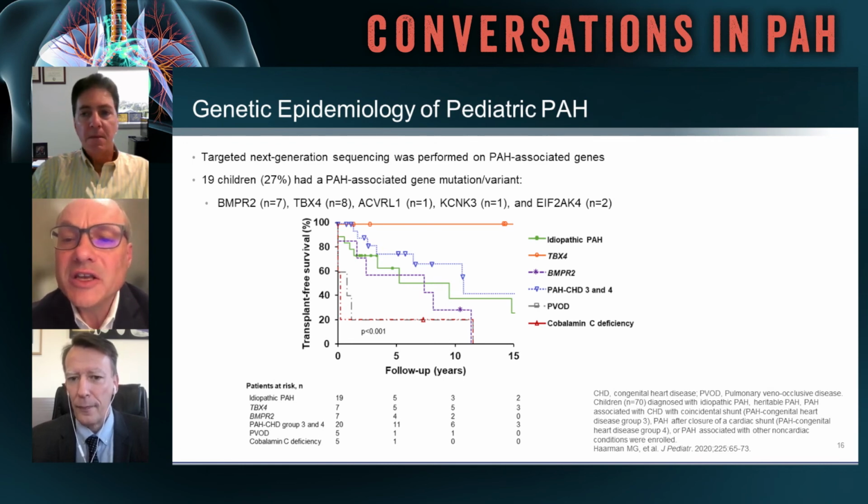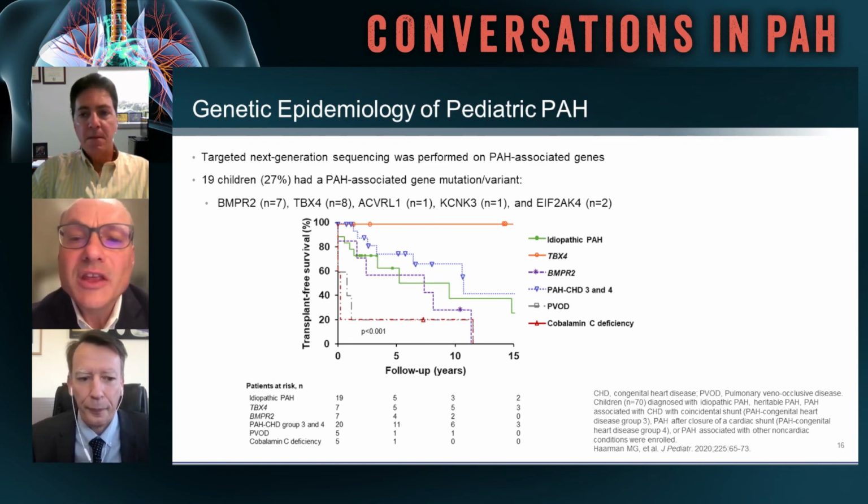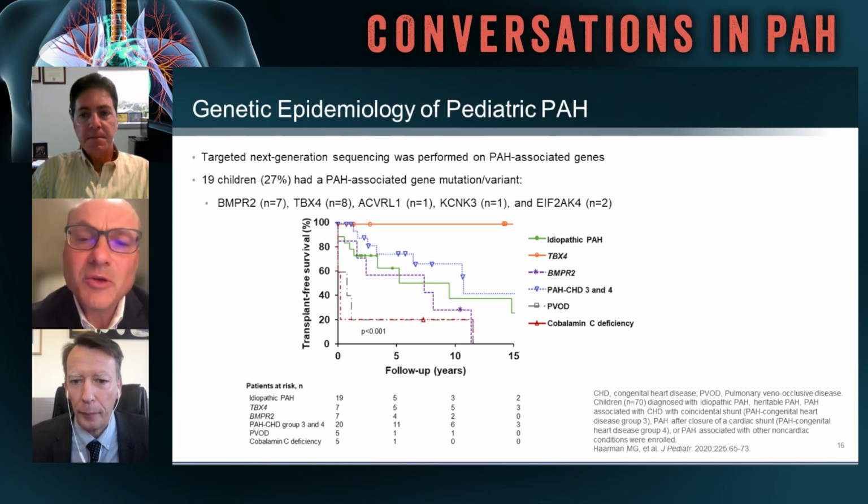But next you could see that the patients with congenital heart disease and then those with BMPR2 were relatively similar in their survival. And as expected, patients with veno-occlusive disease did incredibly poorly. So this was one of the first studies for us which really looked at, is there a difference in survival based on your genotypic background?